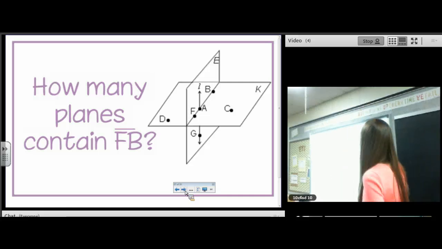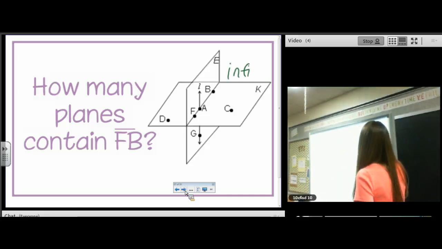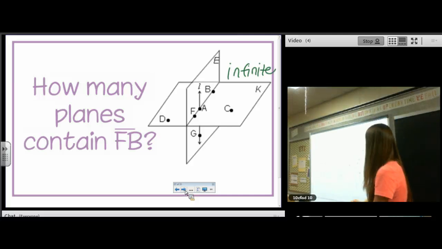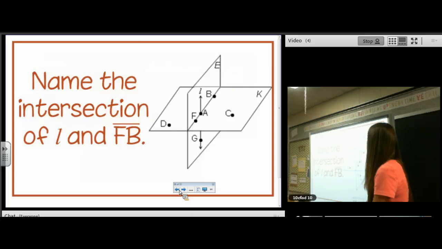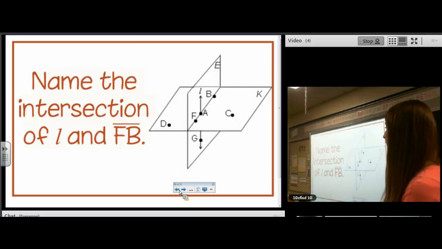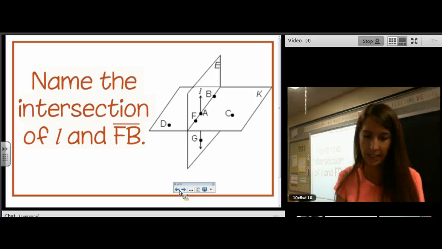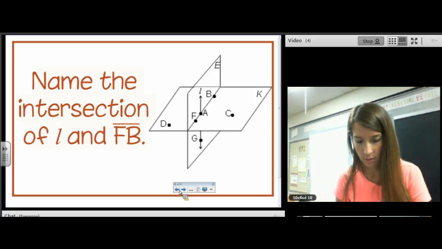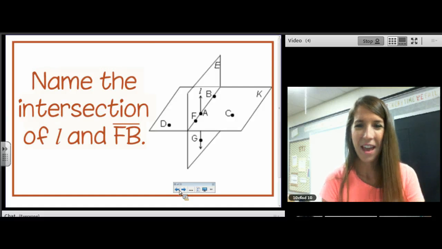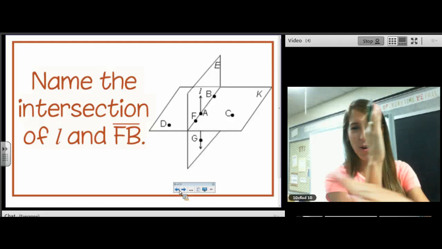Yeah, infinite. Ugh, that word again. It's haunting us. Name the intersection of line L and segment FB. This one's easy. Let's do Victor from Cook. Yep, you were ready. A. That's where they cross. Very good.